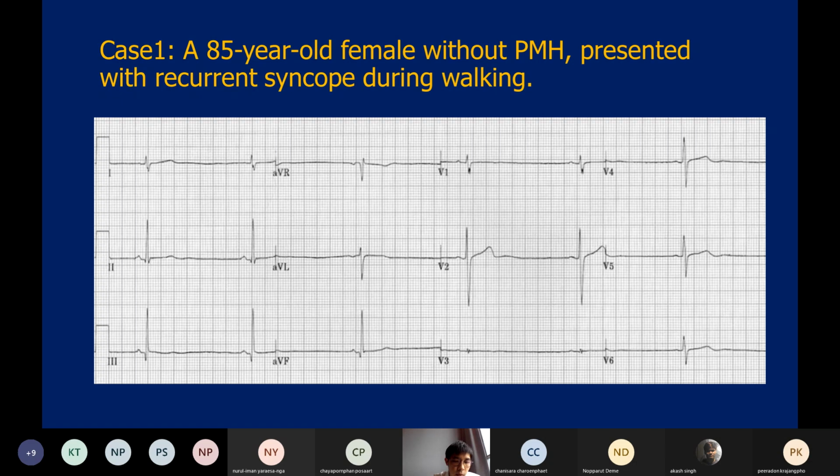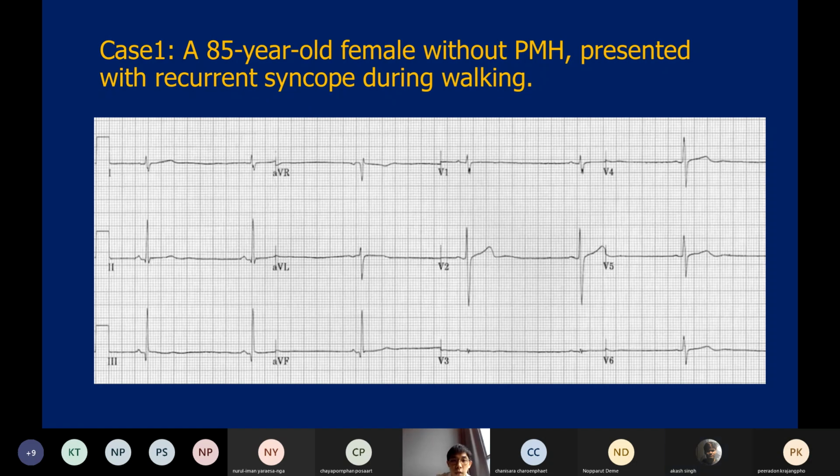Can you tell me what the rate of the P wave is? Around 39. Okay.